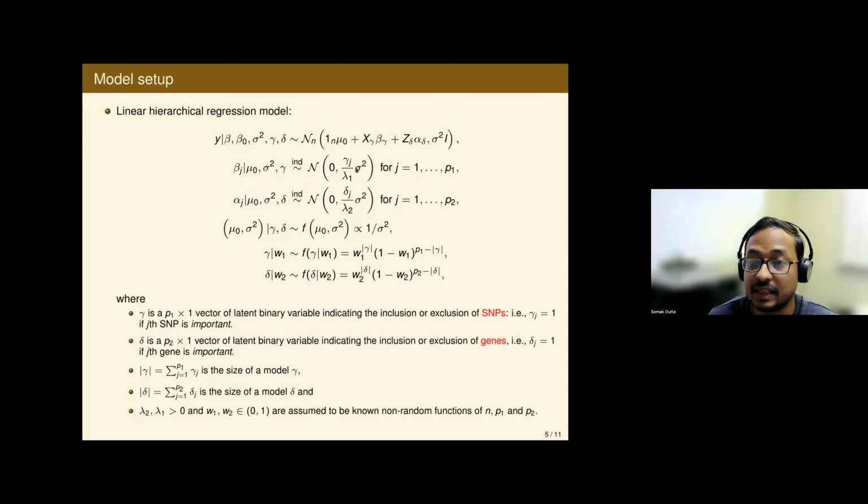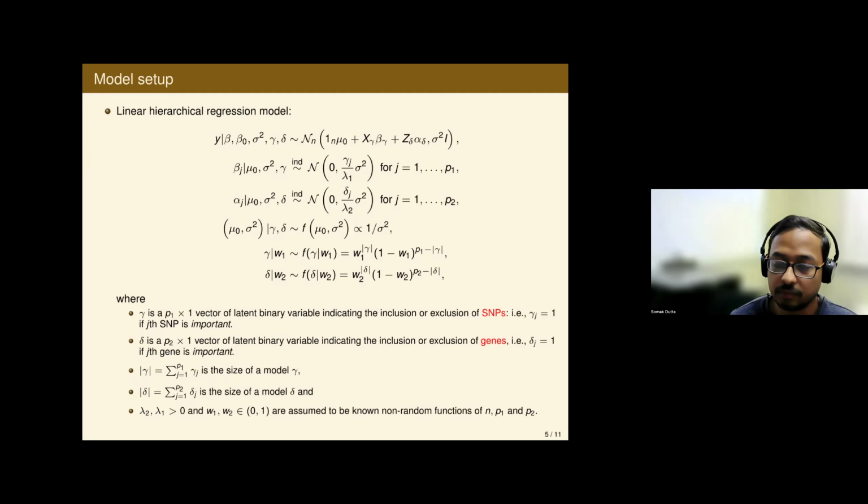So if the model says that the jth SNP is not important, then beta j would be a normal variable with mean 0 as well as variance 0. And in statistics, when the mean and variance are both 0, the variable is actually just 0. It can only take the value 0. So if gamma j is 0, then the coefficient is shrunk to exactly 0.